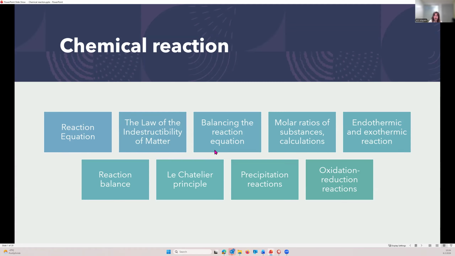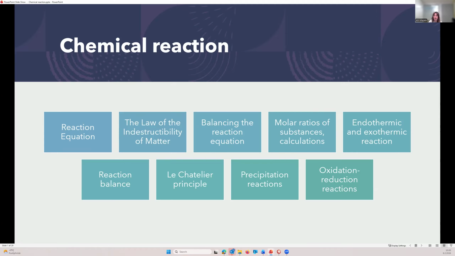Sounds really impressive. Then, of course, you have to balance the equation so that you don't lose or gain something that you shouldn't. Molar ratios of substances you get from the equations, and then you can calculate how much you need of something to get something out of the reaction.